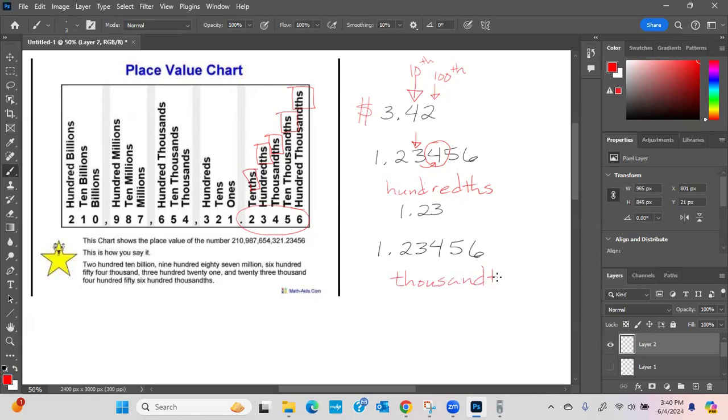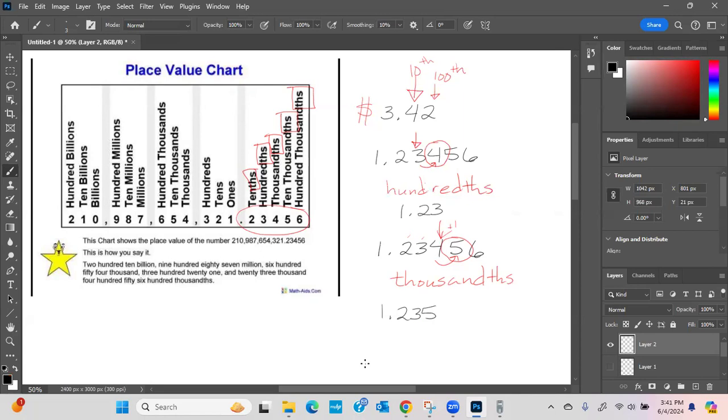We've got tenths, hundredths, thousandths. I look at the number to the right. It is larger than 5, so I need to add 1 to what we're looking at, and that'll be 1.235. That's how that number will round to the thousandths place.